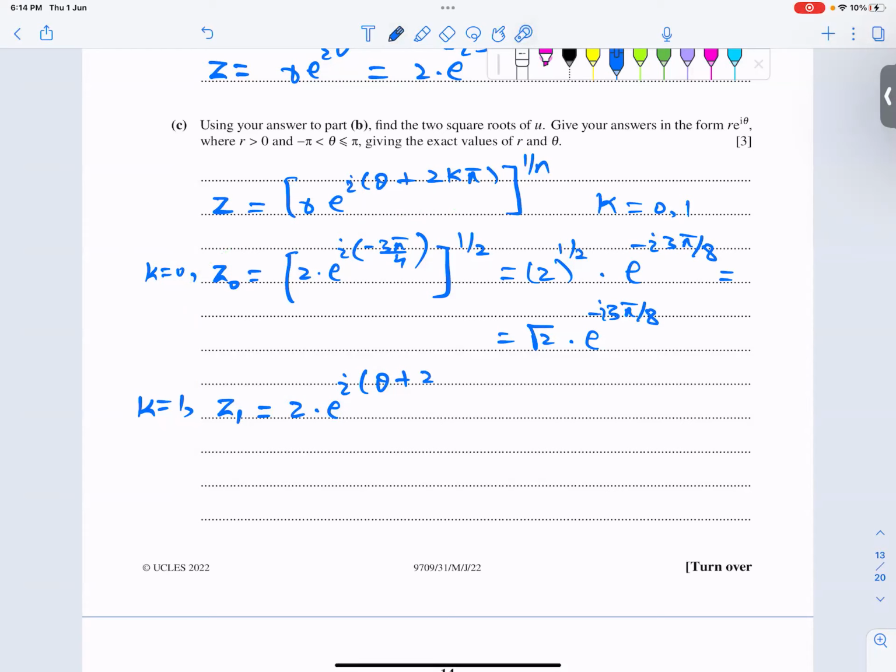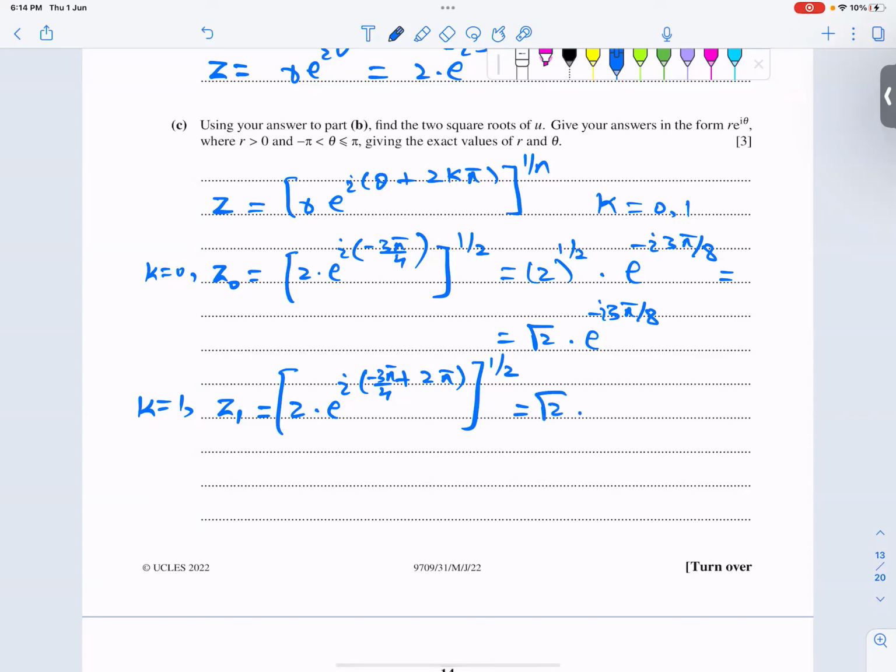But you can also put theta, that is minus 3 pi divided by 4, and then k equal to 1, this will become 2 pi. Now put whole power 1 divided by 2. Okay, so just separate the 1 over 2 on the 2.